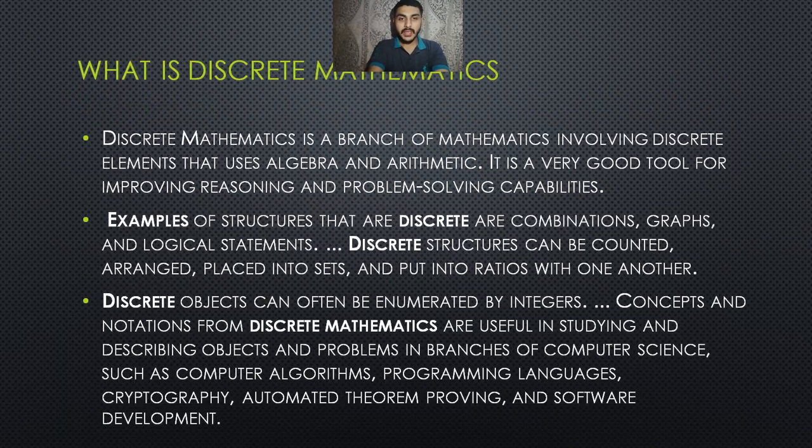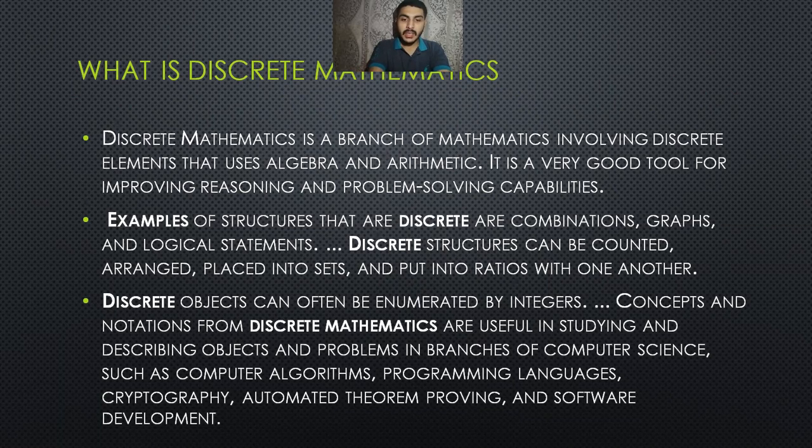What is discrete mathematics? In simple words, we can say that discrete mathematics is a part of mathematics that deals with or specifies particular elements, digits, or unconnected values. And why do we study it?